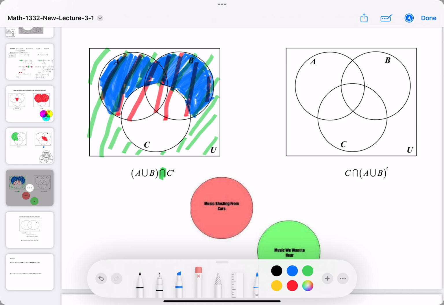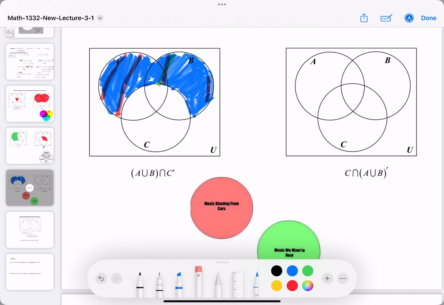Okay, I'm going to erase the rest of the parts. So this is the area representing this operation.